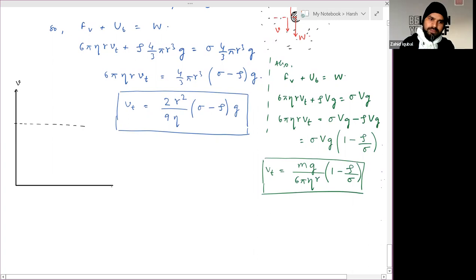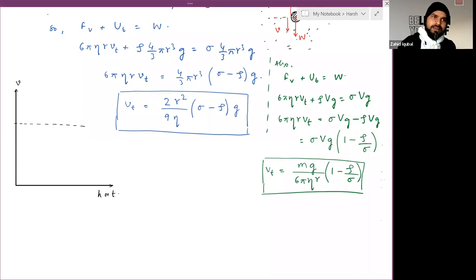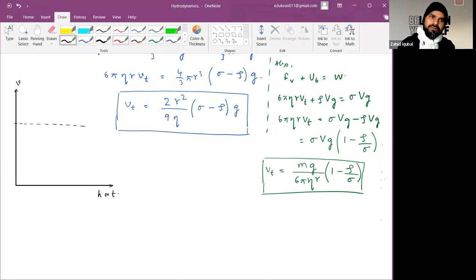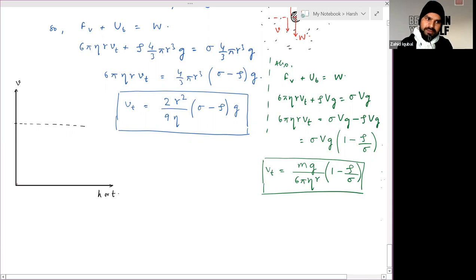Let's say velocity versus height or velocity versus time. In the first part, suppose a body is dropped in this particular viscous medium, so the graph will be like this. It may attain terminal velocity after some time or at some height.